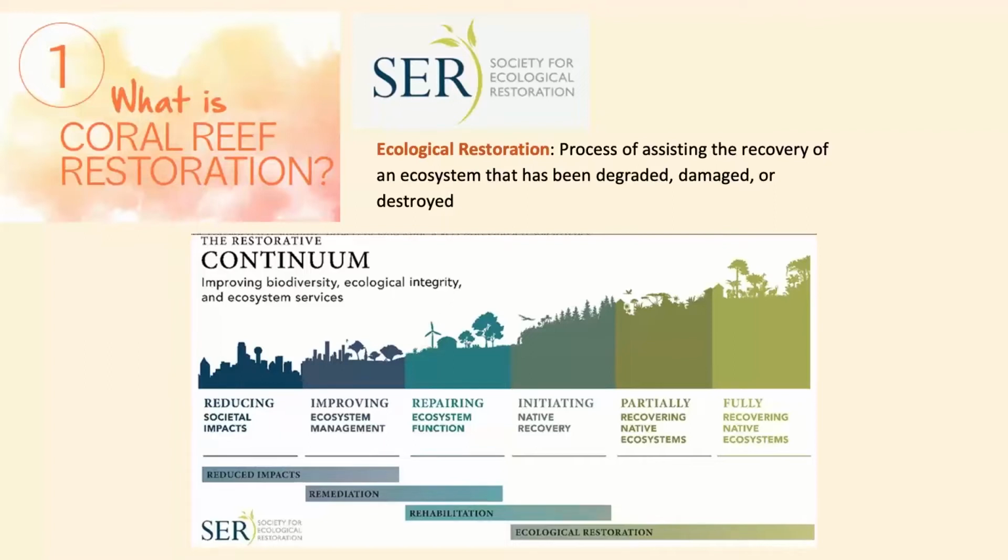The latest guidelines from SER present ecological restoration on a continuum of interventions that aim to improve biodiversity, ecological integrity, and ecosystem services. On this continuum figure, you can see that restoration fits right on the right-hand side, after efforts have been made to reduce impacts and improve ecosystem management.